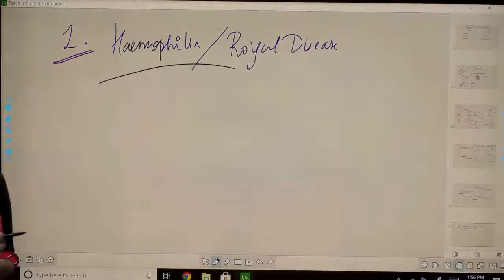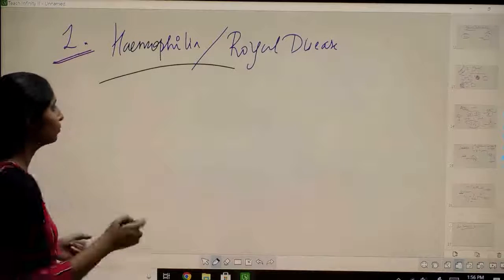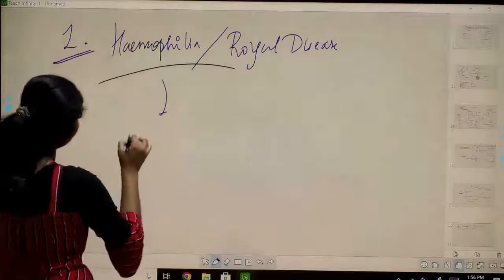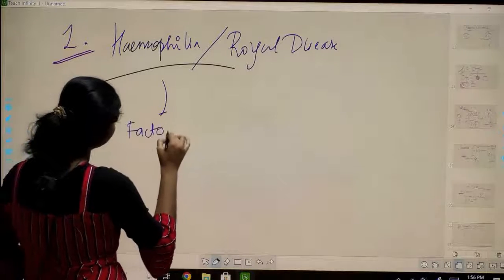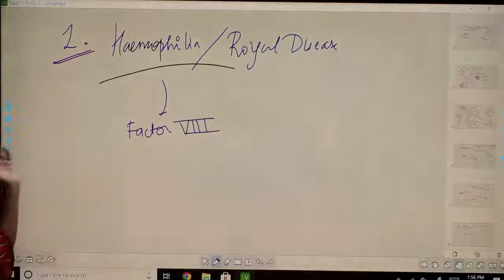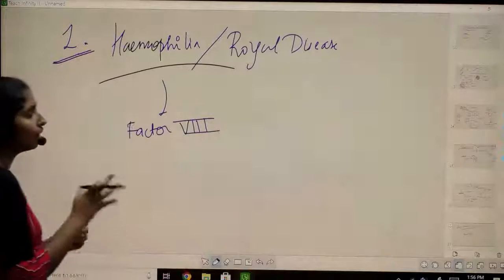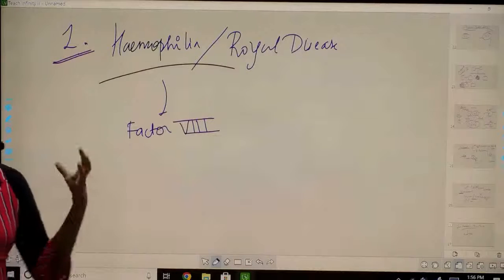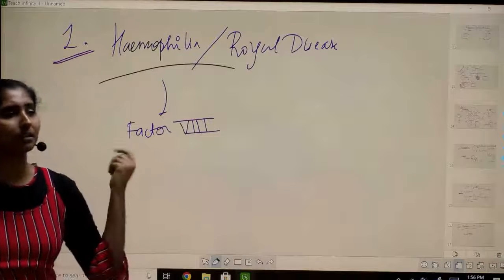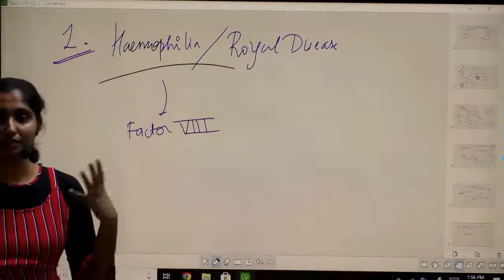In this, the clotting protein involved in the clotting cascade is affected, and that protein is Factor 8. So as a result, clotting does not happen. Individuals who are hemophilic, even if they get a paper cut or a nosebleed, have a high probability of even dying from that resulting injury.